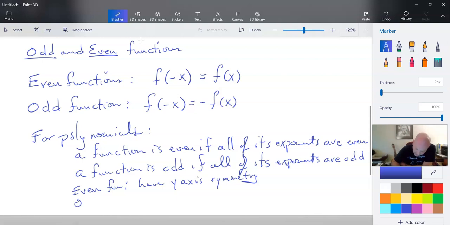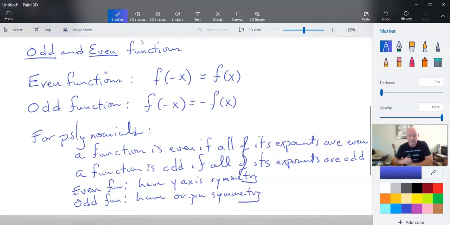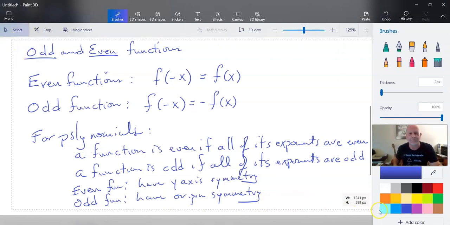And for odd, they all have origin symmetry, right? Now, you need to know what those things mean. Okay, so let's take a look at what that actually means.